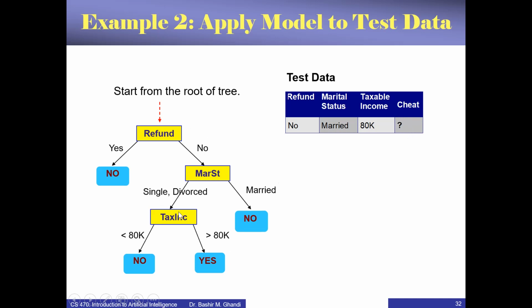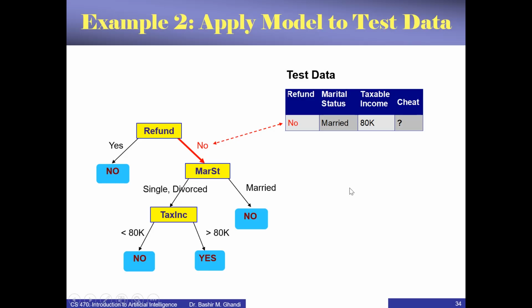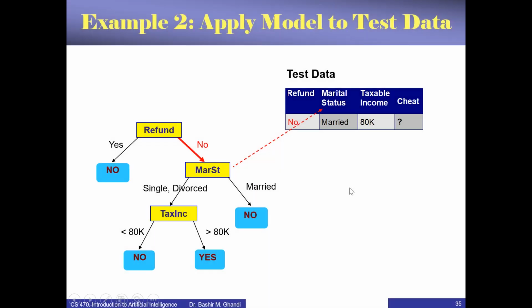So according to the original decision tree that we generated, we go through the sequence, looking at each of the attributes. So in terms of refund, the answer is no. He doesn't get a refund, so we go therefore to check the marital status. Now for the marital status, he is married.